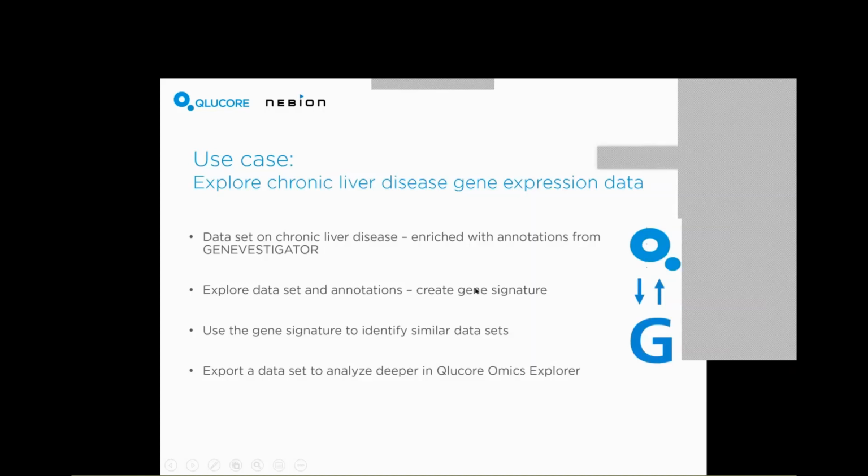We copy paste this gene signature into Genevestigator, where we use it to identify similar data sets and do some other analysis. When we have identified an interesting data set, we export it into Qlucore Omics Explorer and start exploring it from the start again. So you can work with the two softwares in a continuous loop during your analysis.